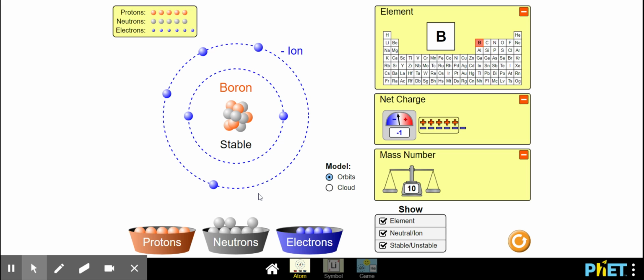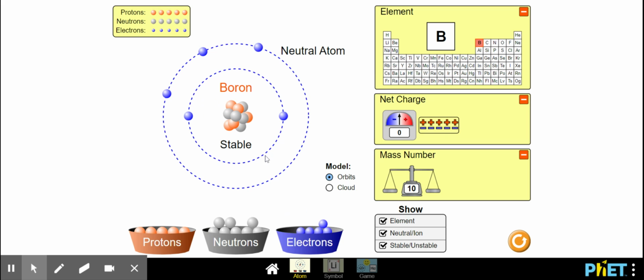All right, so now we have, let's see, our mass number is 10, and we have 5 protons. 5 protons and 5 neutrons makes it stable. Let's see, we still have a charge of -1, so we can take an electron.